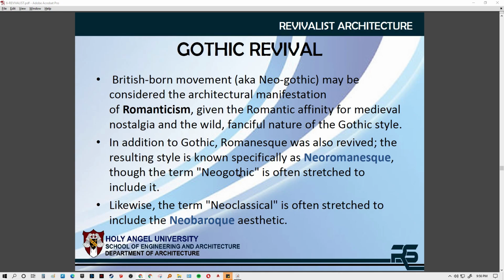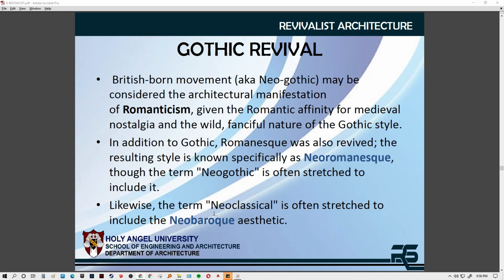It is also called Neo-Romanesque, but termed Neo-Gothic because of the pointy details and the flamboyant designs which were adapted during the Gothic style. Also called Neo-Baroque, based on each of the styles used.